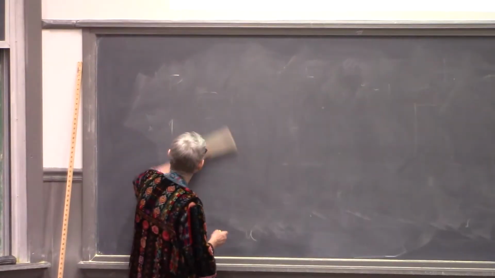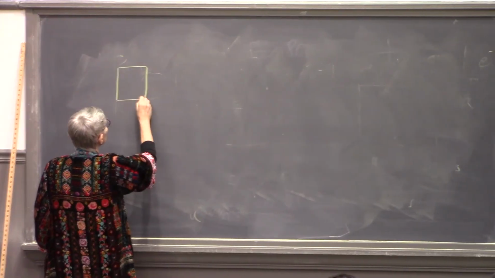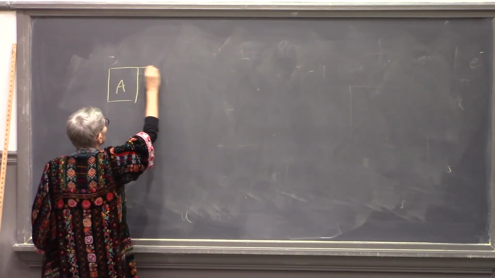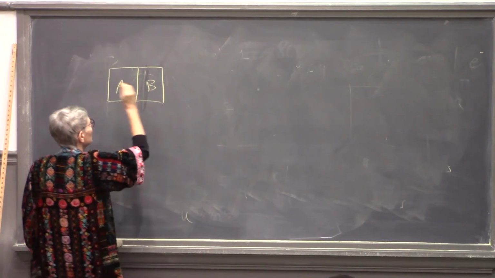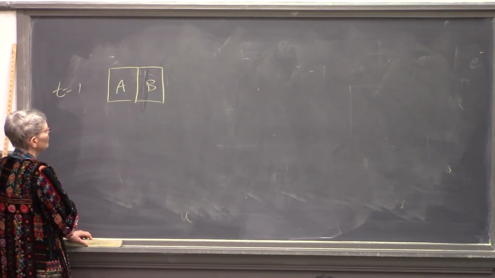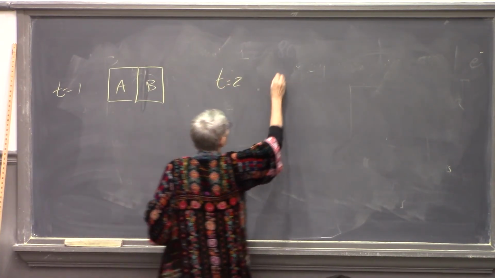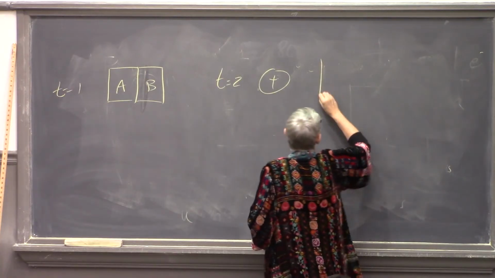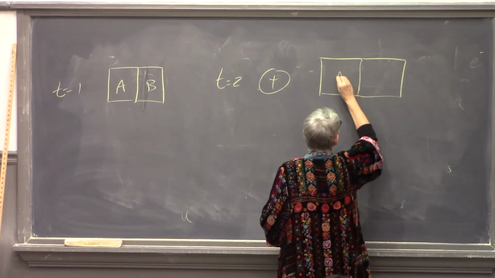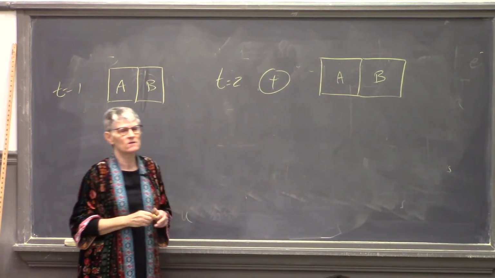Let's fill out the diagrams. So here's A and B at time 1. Not much happening. Now we've got a positive charge. So how do I think about this situation?